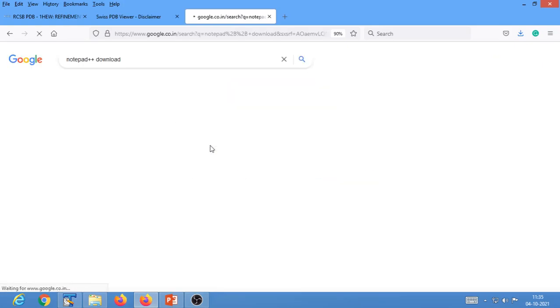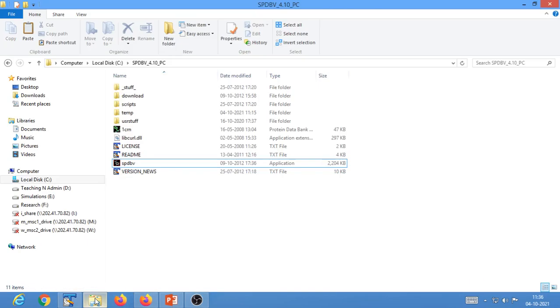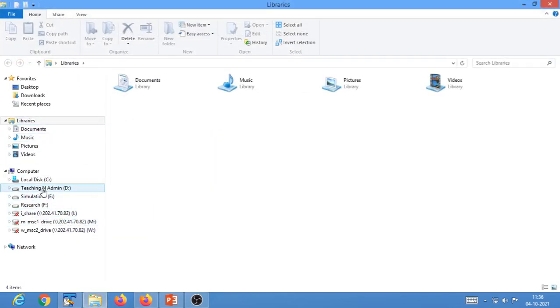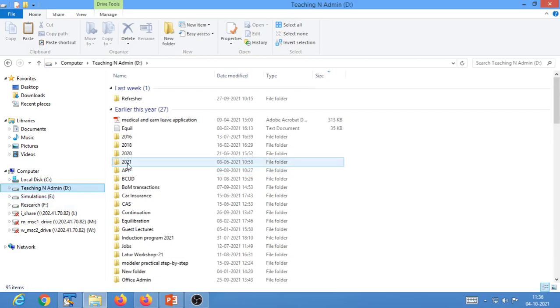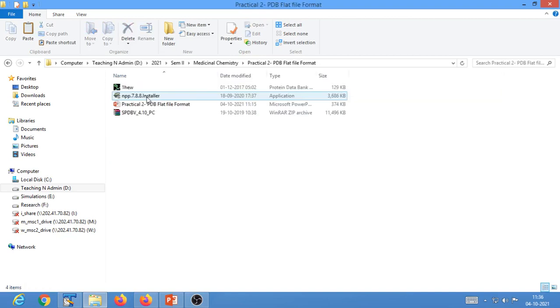You can download Notepad++ from its website. Once you download it, I will show you how it looks. The installer would look something like this. All you have to do is double click on it, follow all the instructions, and you would install your text editor as well. We are going to need this text editor.